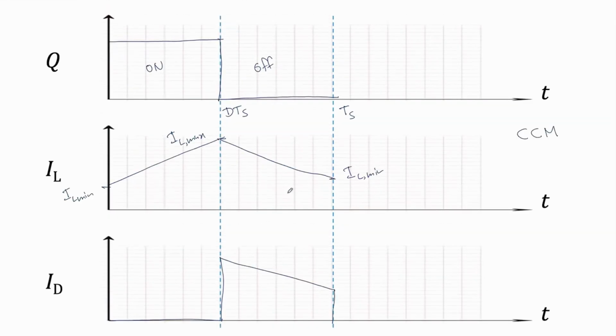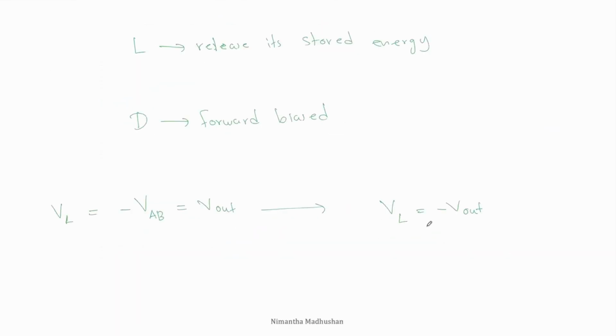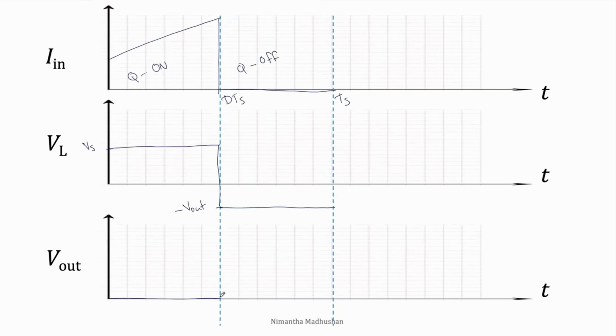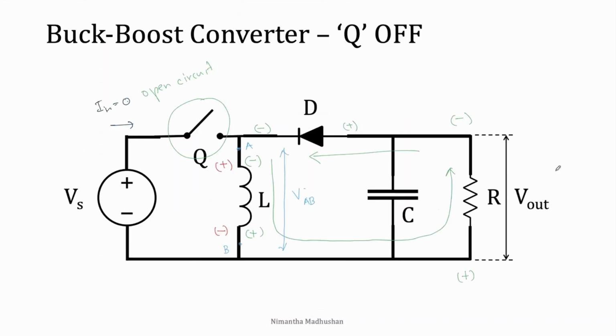And during turn off time, minus VL appears here, that means minus VL, that means a negative voltage is applied to this output end.